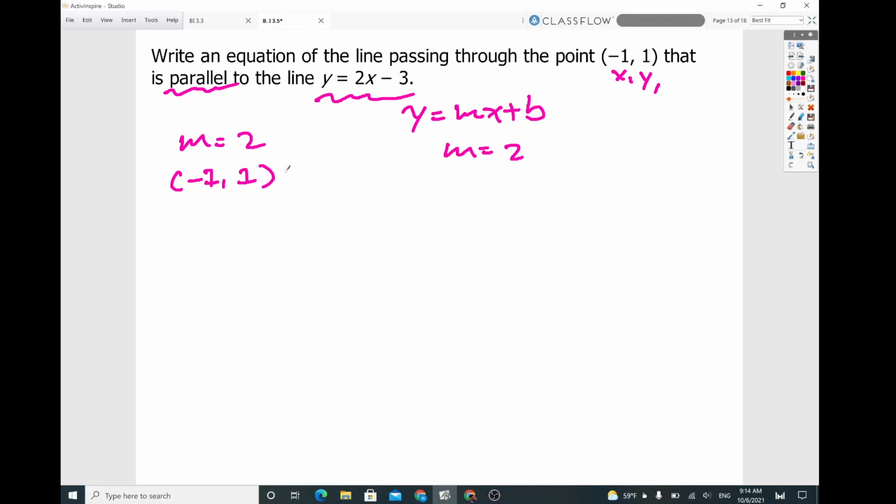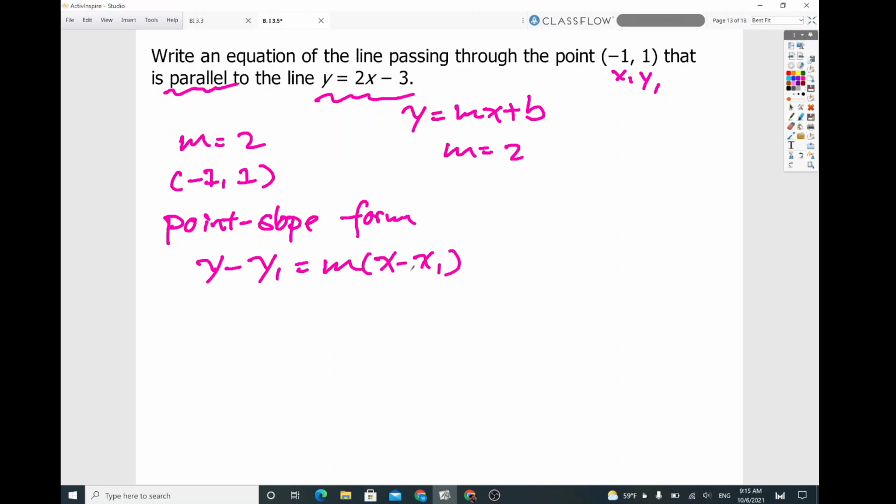Going back to algebra 1, in order to write the equation of a line without the y-intercept, the way to do it is by using the point-slope form. The point-slope form is quite similar to the slope formula. It's y minus y1 equals m times x minus x1. For those wondering how I get that, the slope formula is always y2 minus y1 over x2 minus x1.